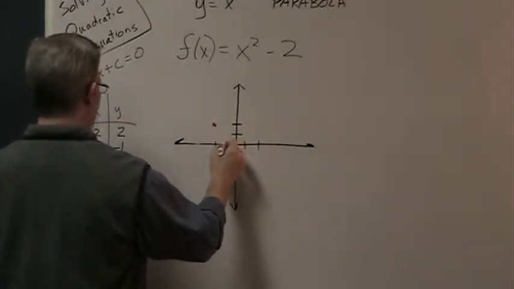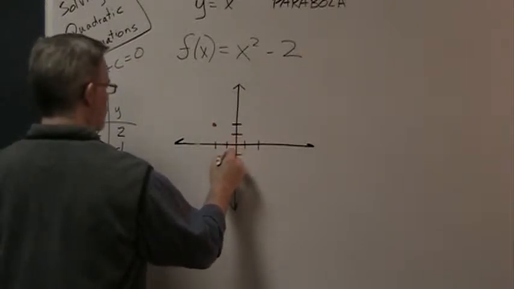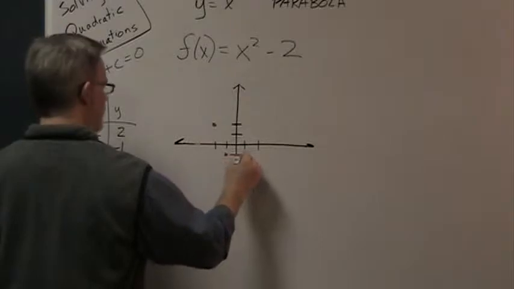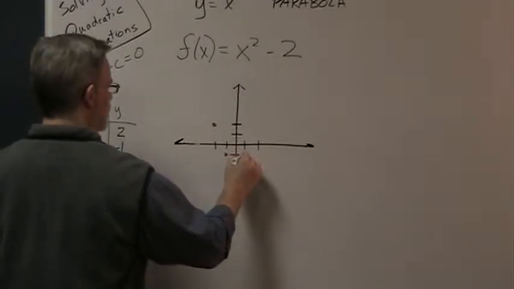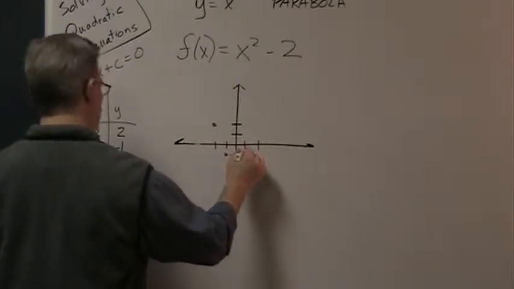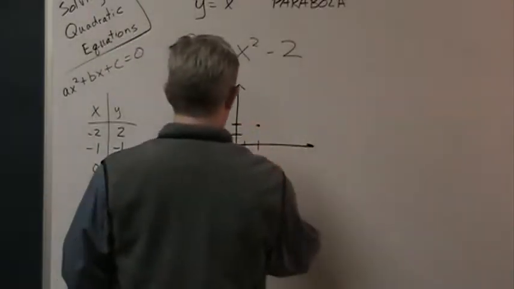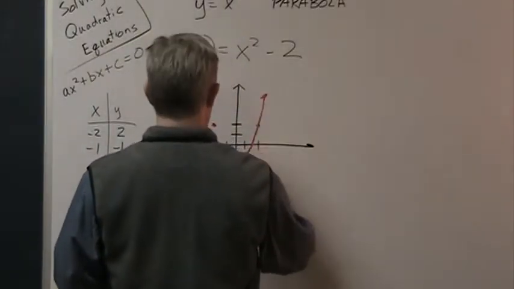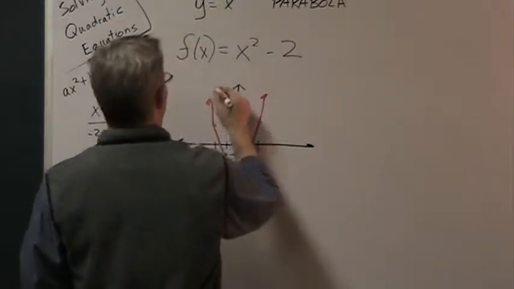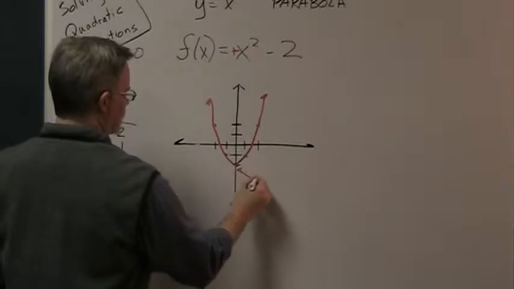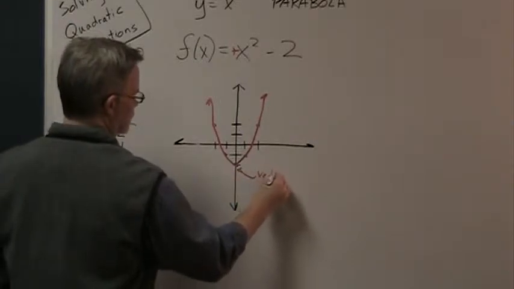If x is equal to -1, then y is equal to -1. If x is equal to 0, y is equal to -2. If x is equal to 1, y is equal to -1. And if it's equal to 2, y is equal to 2. So here's the shape of your parabola. Again, we have a positive here, so it points up, and this point right here is called your vertex.